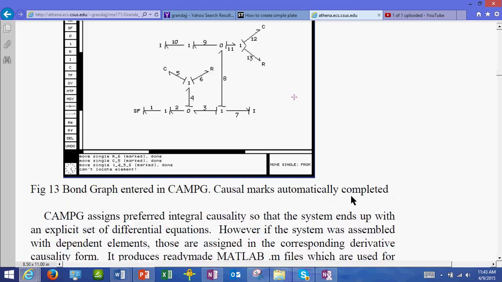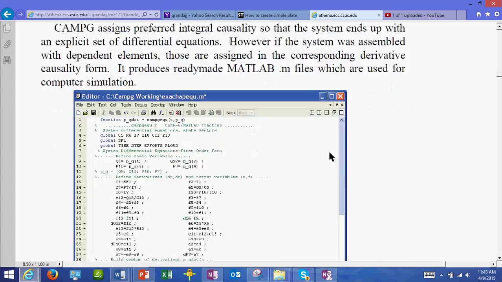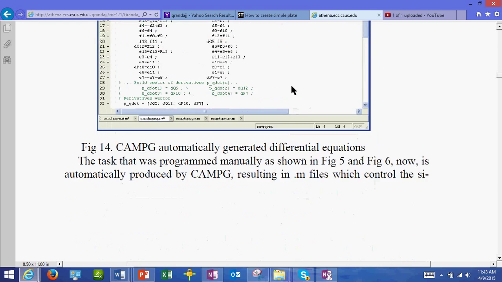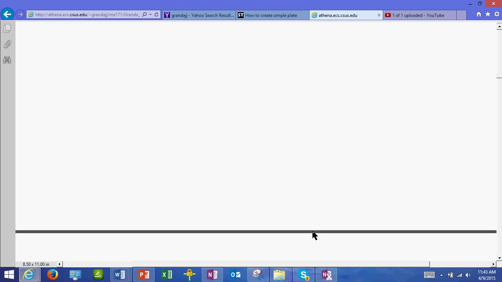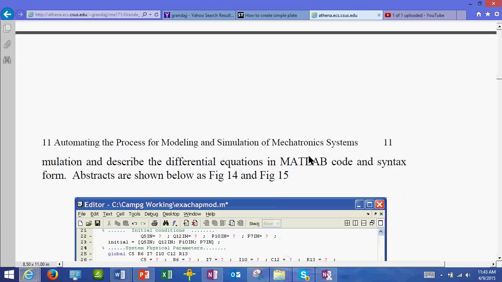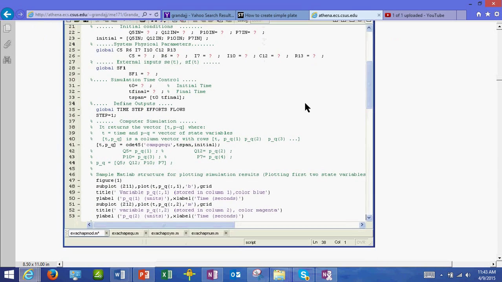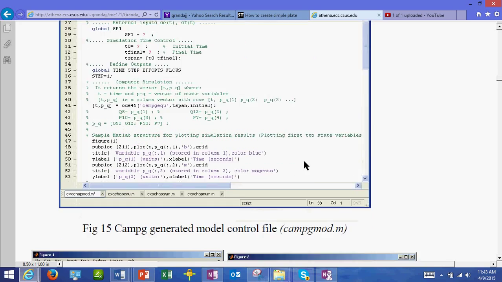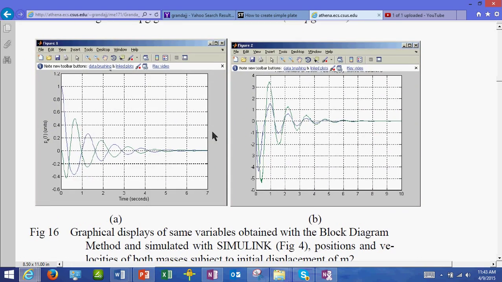Now, from here, the computer goes and creates this M file that contains the differential equations of the system, and together with the initialization file, which is shown over here, with this you produce the answers that we obtained exactly with the Simulink model.